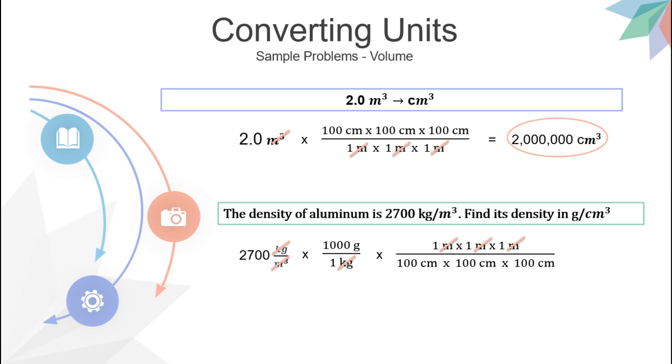So 2,700 times 1,000 is 2,700,000, divided by 1 million. Our answer is 2.7. Our unit is gram per centimeter cube, because what is left is grams, and then centimeter cubed. So that is our final answer.